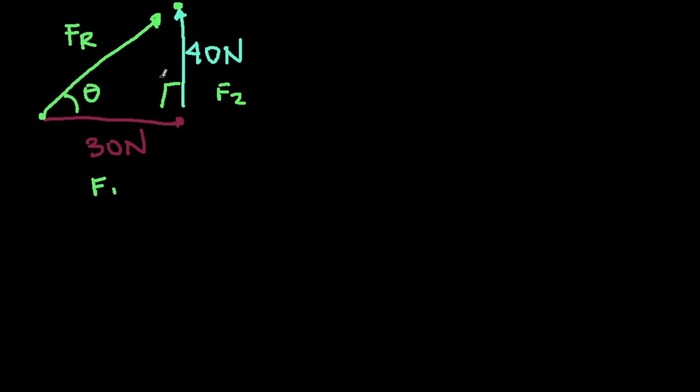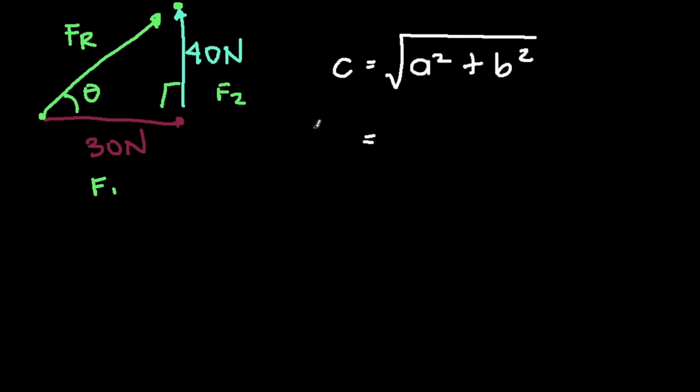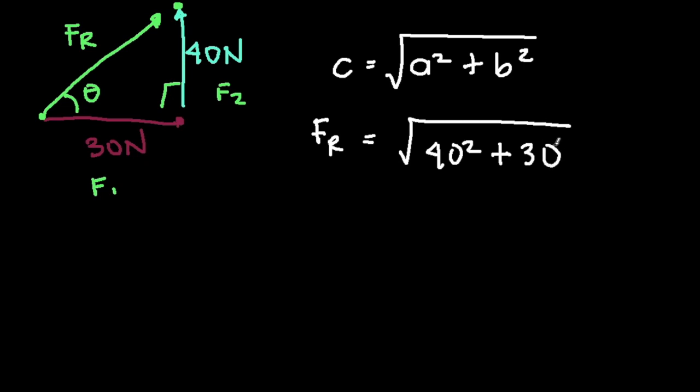So in order to find the resultant force, which is just the hypotenuse, we of course use the Pythagorean formula, which says that C is equal to square root of A squared plus B squared. So for us to find FR, in this case, we just take the square root of the sum of the squares of the other two sides, or the two legs. So 40 squared plus 30 squared.